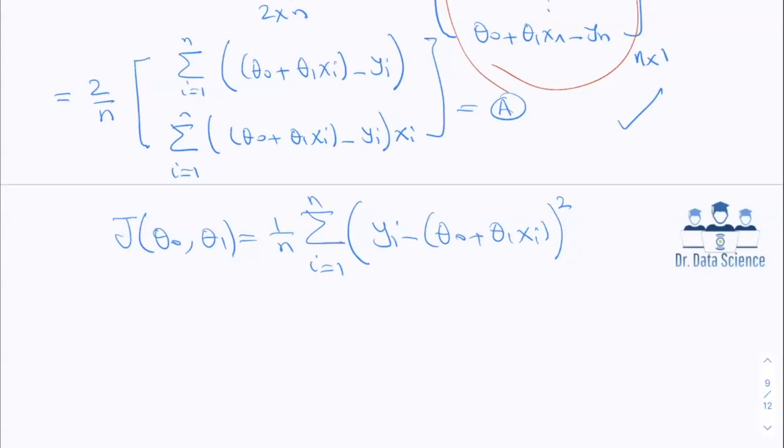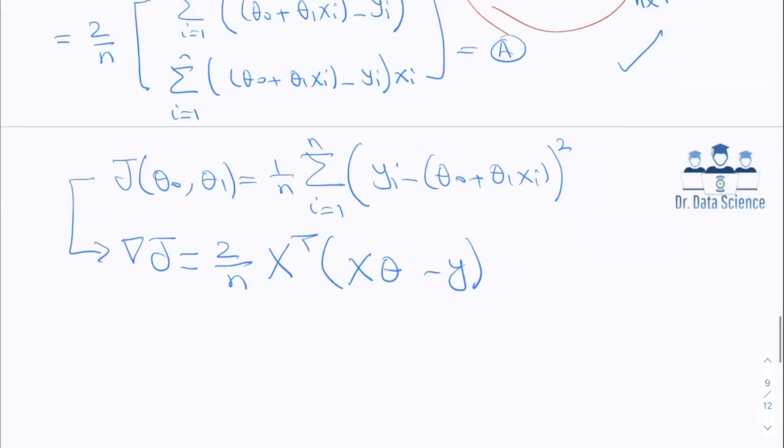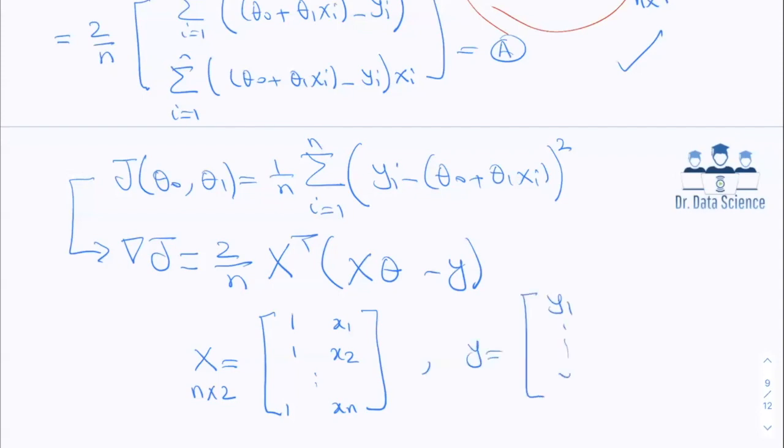Step 2 is to find the gradient, which we figured out is x transpose times x theta minus y, where x is the data matrix. Each row is one data point or one observation augmented by a 1. So we have 1 x1, 1 x2, 1 xn, which is n by 2. And then we have the vector of outputs, which is n by 1.